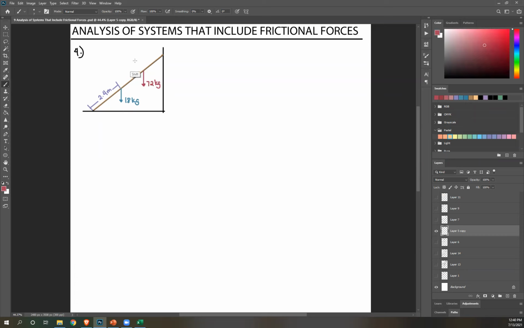And this is what we're looking for, X. Then again, the total length of this ladder is 6 meters.